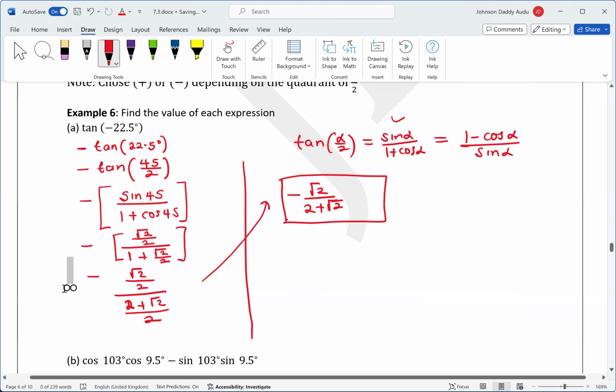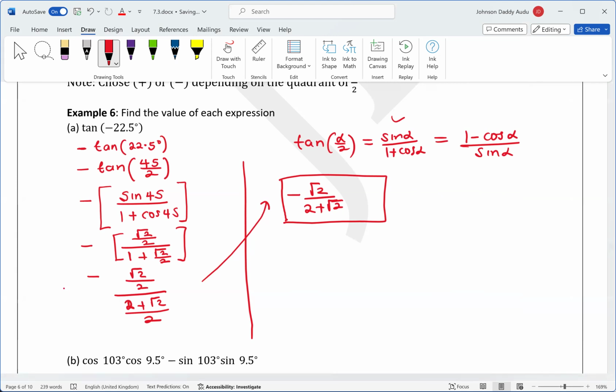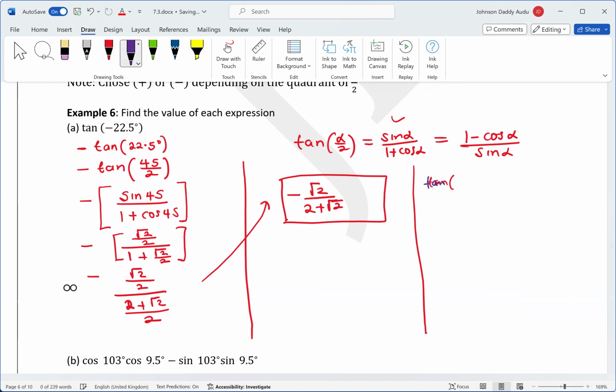Now let's try to use the second one. So this is using the first formula. So let's use the second formula also. The second formula is using this one. You can see that tan alpha over 2 is 1 minus what? Cosine 45 over sine 45.